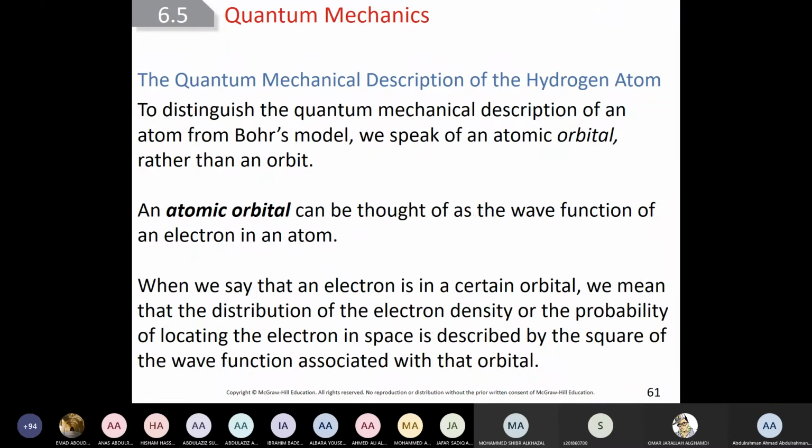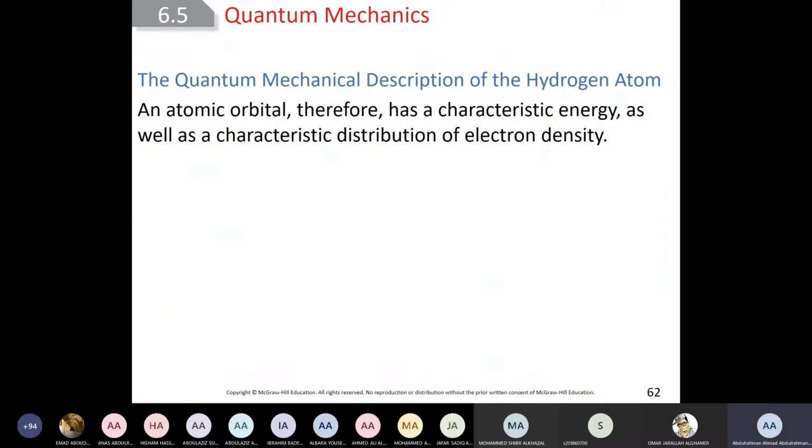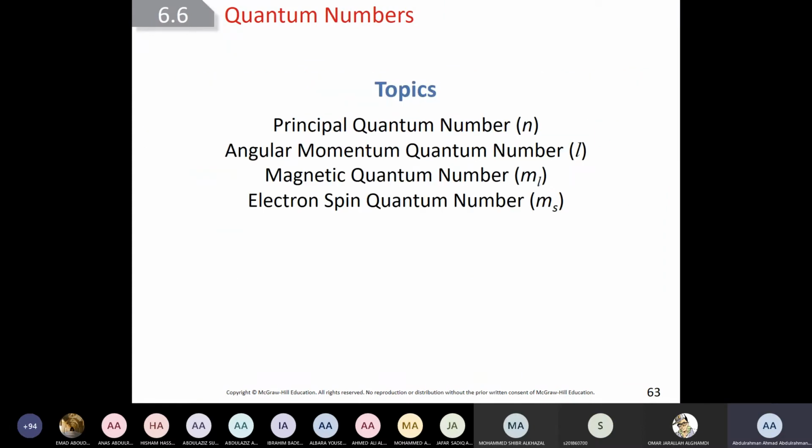Good. Now we go to what's called atomic orbital. By solving the wave function, which is psi, we came up with many solutions. What do I mean by this? If I tell you x squared equals 9, then what's x? Plus or minus 3.